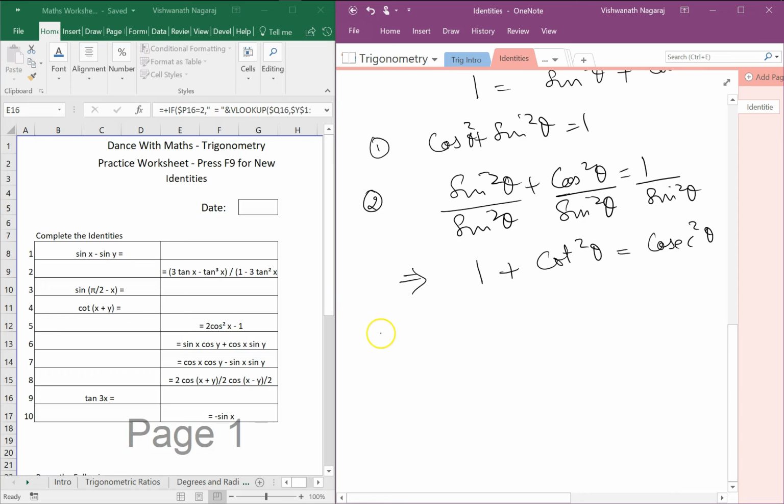Okay, now let's look at the third one. Again we start with cos square theta plus sin square theta equal to 1. Now instead of dividing it by sin square theta, we divide it by cos square theta. So let's divide both sides by cos square theta.